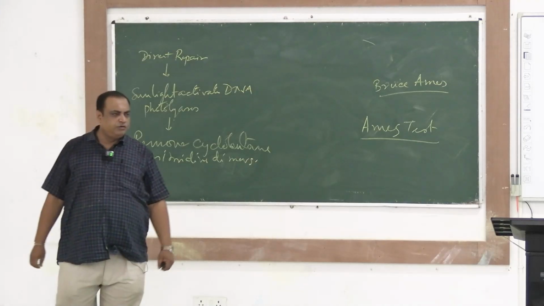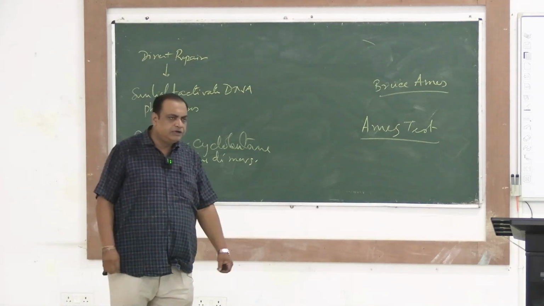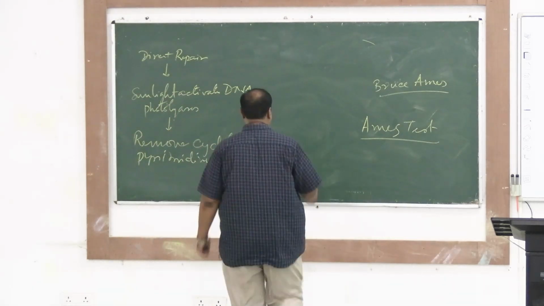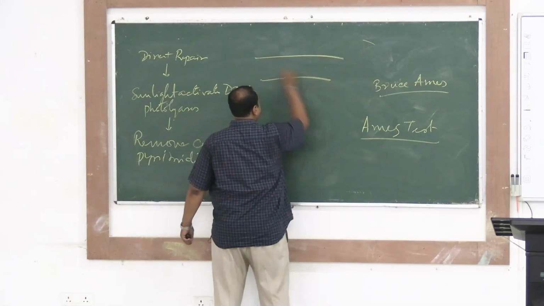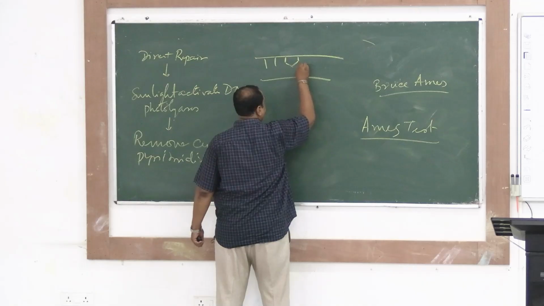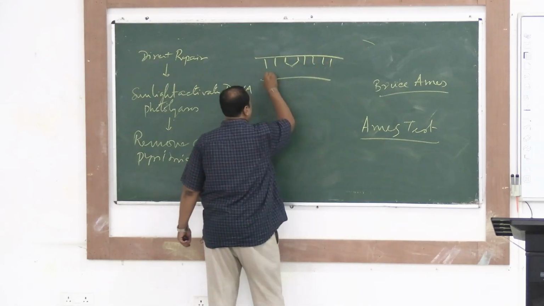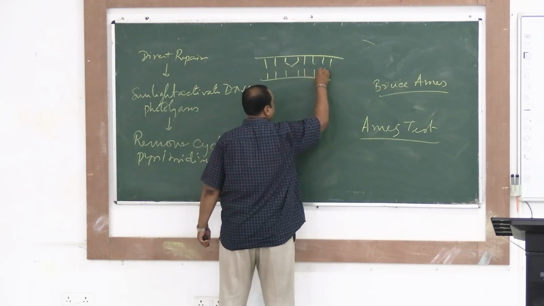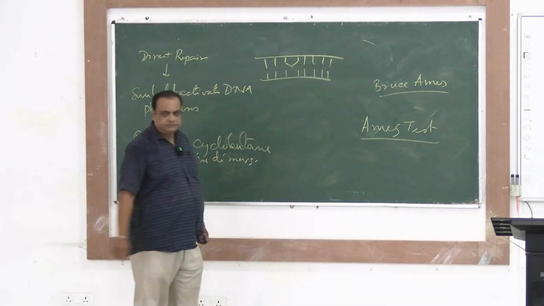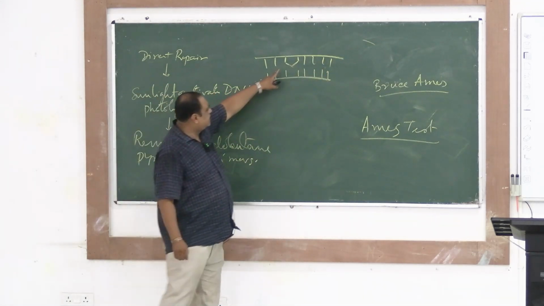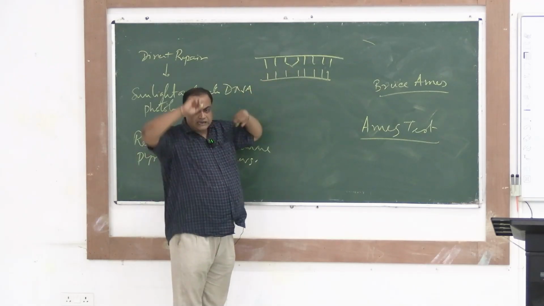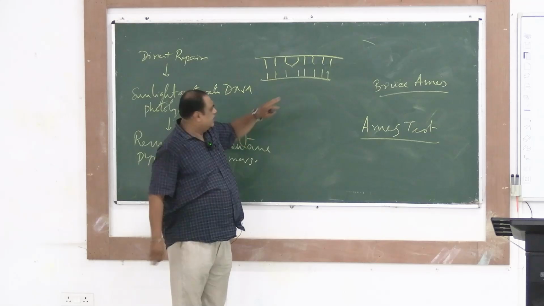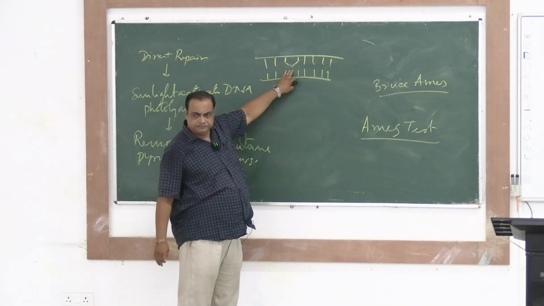Removes cyclobutane pyrimidine dimer. Now, if this happens, what will happen? In this strand, two adjacent cytosines, or one cytosine and thymine, or two thymines have formed a dimer.